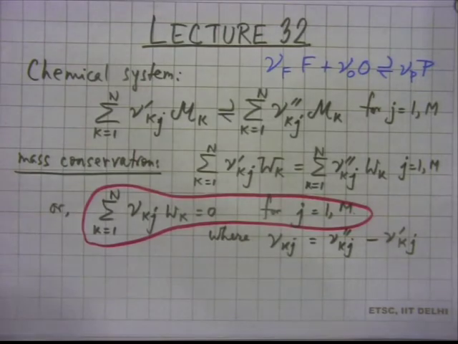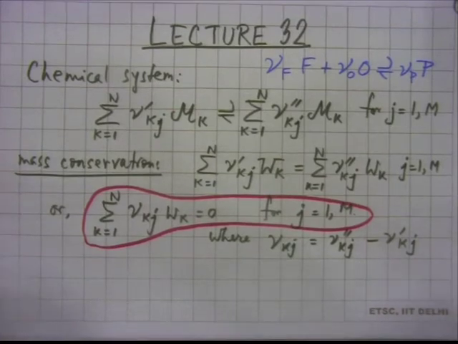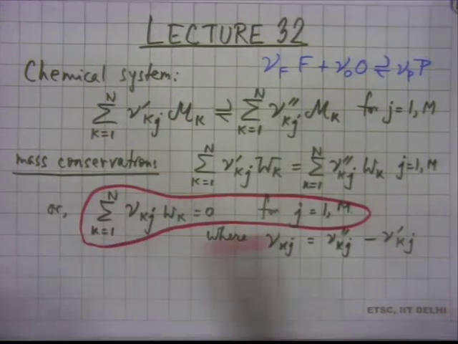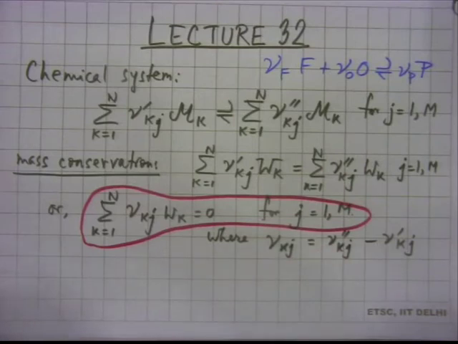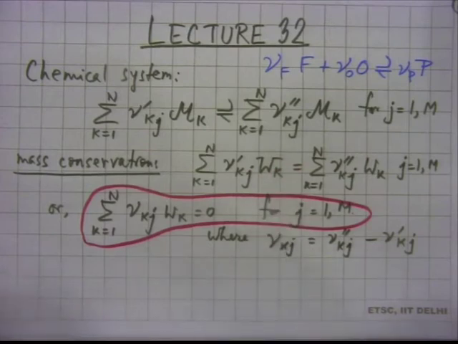So, the left hand side is prime, the right hand side is double prime, and starting with this we can do a mass conservation also. And yesterday I wrote this expression which is in the red box, but this comes from this, which is essentially a mass balance. So, W's are the molecular weights.